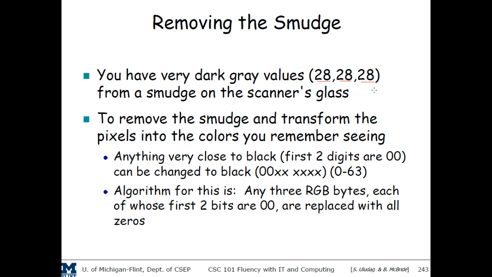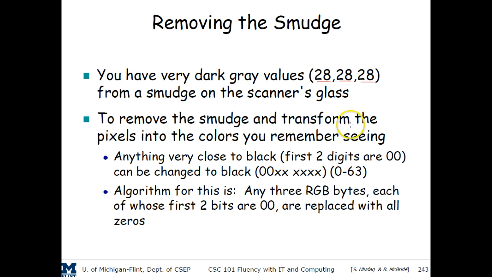So while it's not quite dark enough to be black and not be noticeable, we need to now get the computer to go through each of the pixels, looking for the values that would represent close to zero but not quite at zero.